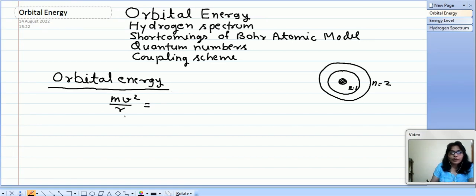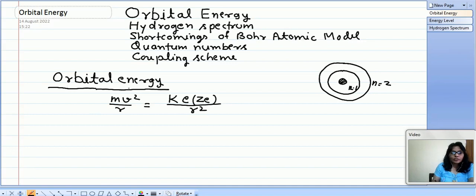So mv square by r, the centripetal force, will be equal to the Coulomb attraction, which is k Ze times e divided by r square, where k is 1 upon 4 pi epsilon naught, Ze is the charge of the nucleus, and r is the radius of the orbit.